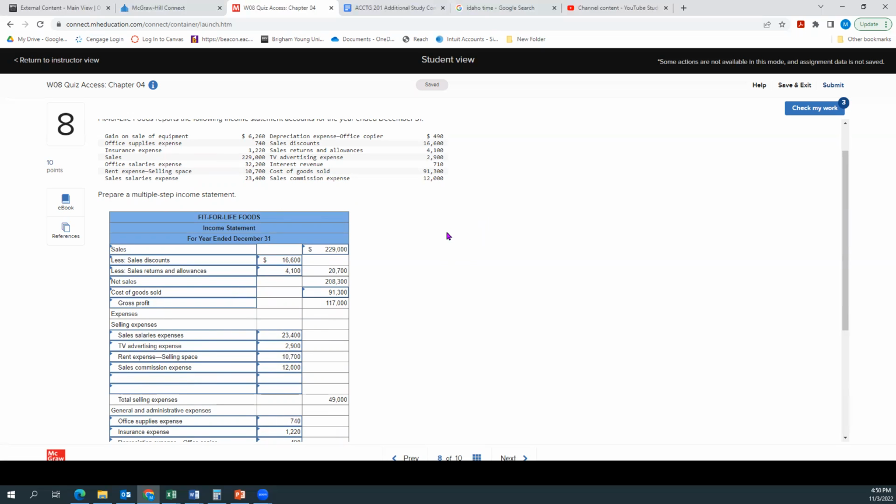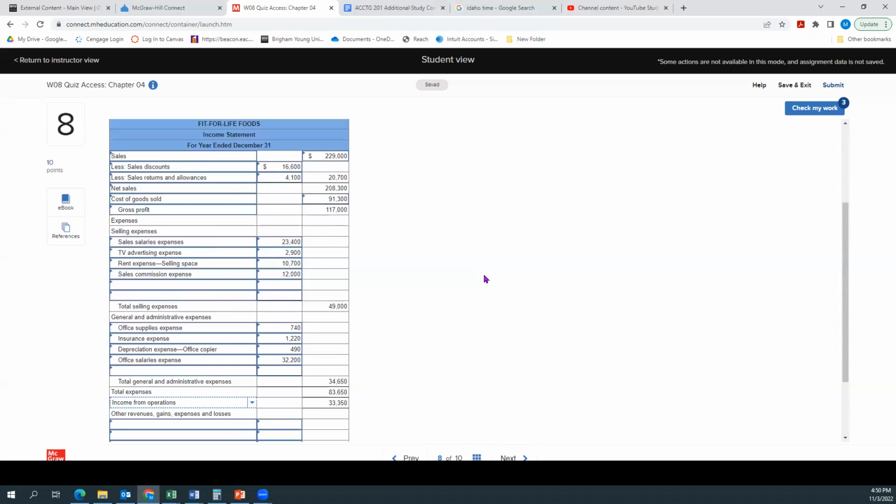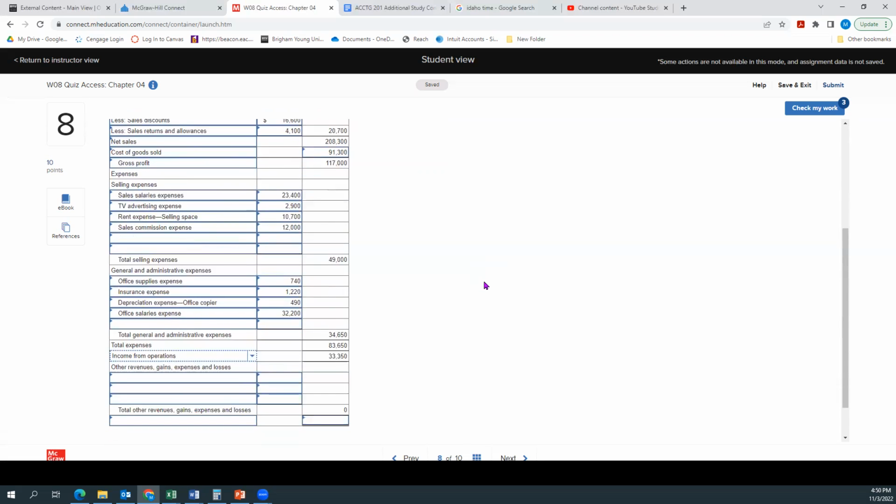Like here, it looks like there was some interest revenue. Well, this isn't a bank that makes money by loaning things out. So if they did make interest revenue, it's sort of an extraordinary or other revenue.